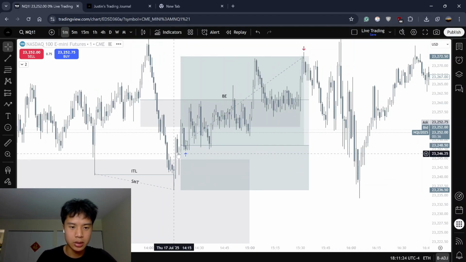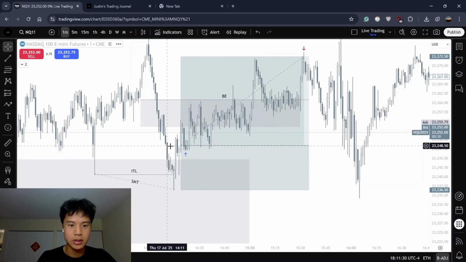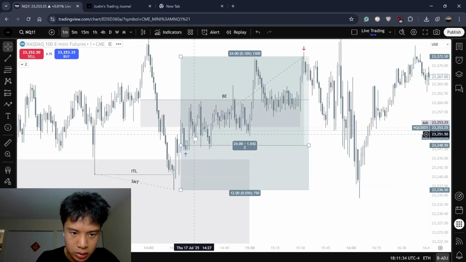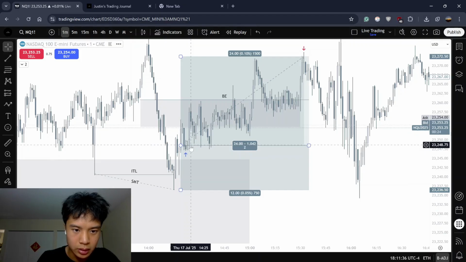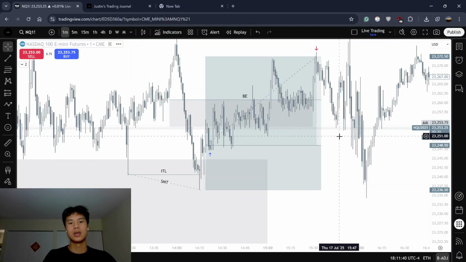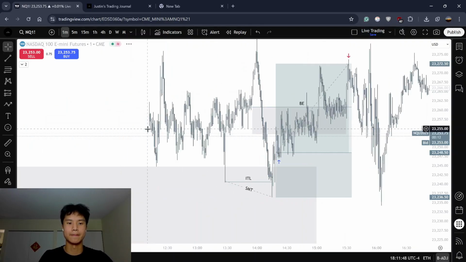So I think I took this trade off this inversion right here. I missed this first one, so I did take this inversion right here, as it rebalances the inversion. It's fine. And yeah, it did hit my take profit, 24 points. It was a little choppy, but it's all right.